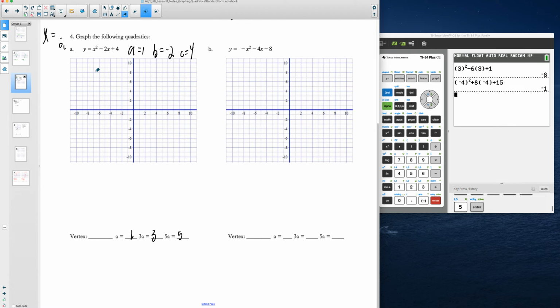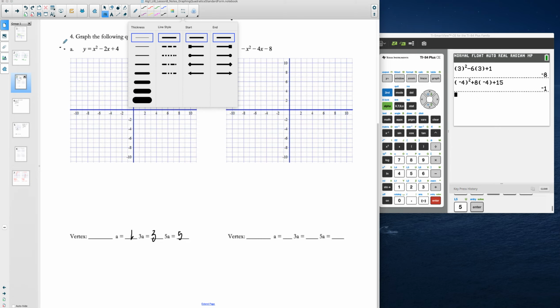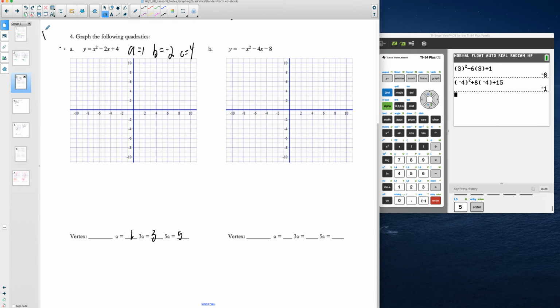Maybe that's part of the issue. There we go. And that eraser just really wants to erase. I stop, it keeps going. It really likes doing its job. All right, let me try this one more time. So x equals negative b over 2a.